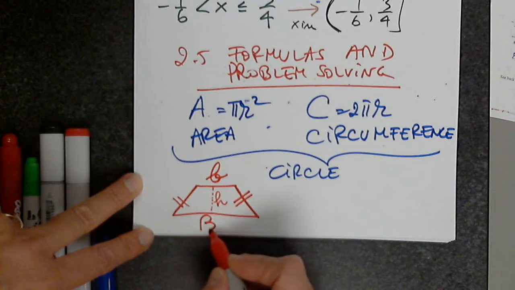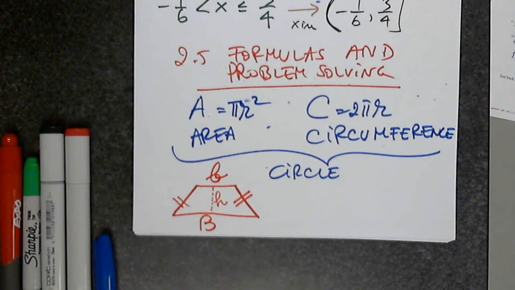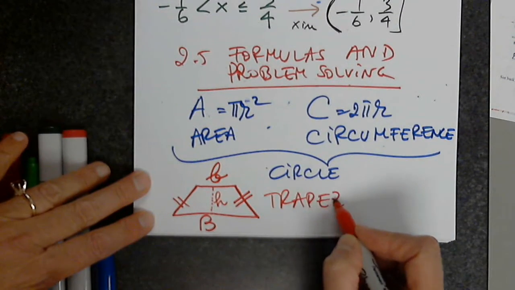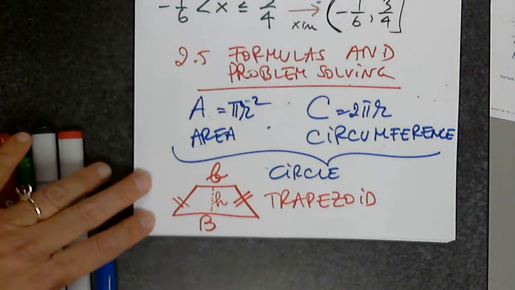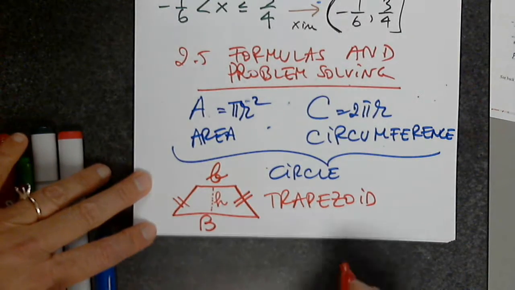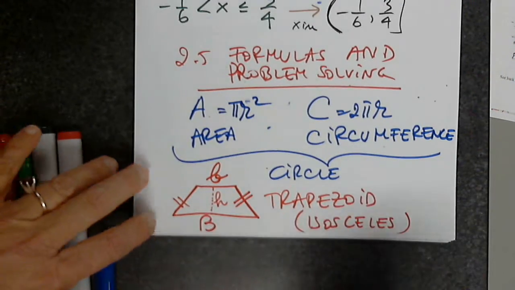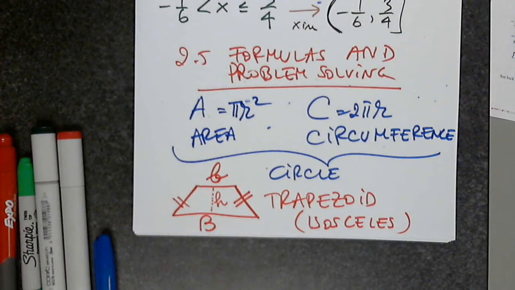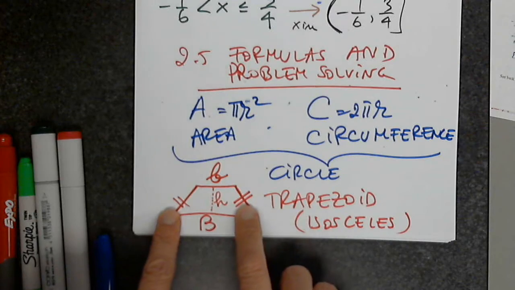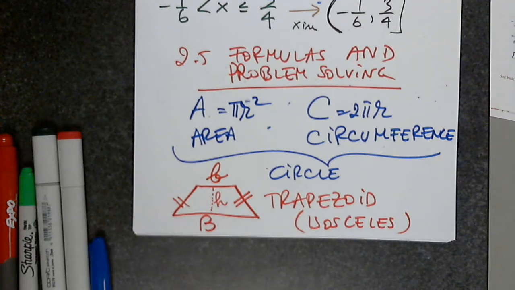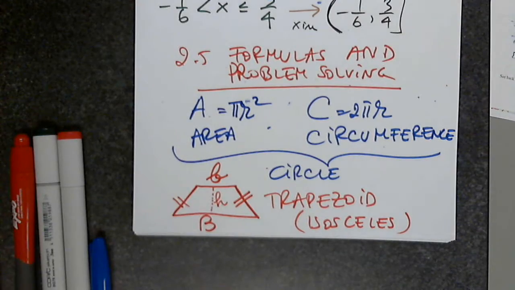And this is the length of the big base. It's an isosceles trapezoid only because these two sides are equal. They don't have to be equal. I just looked at this example.